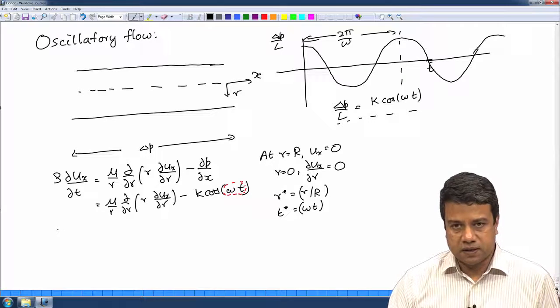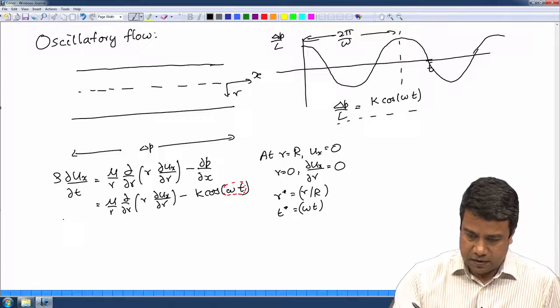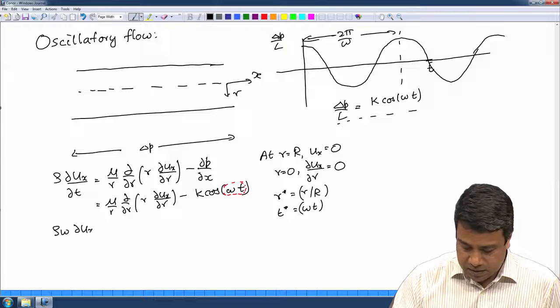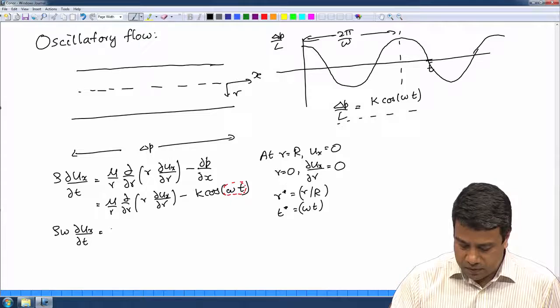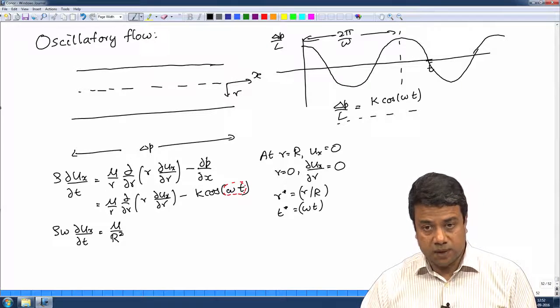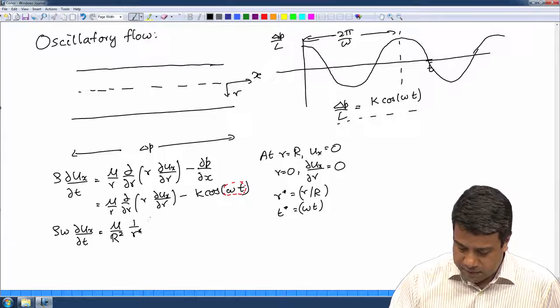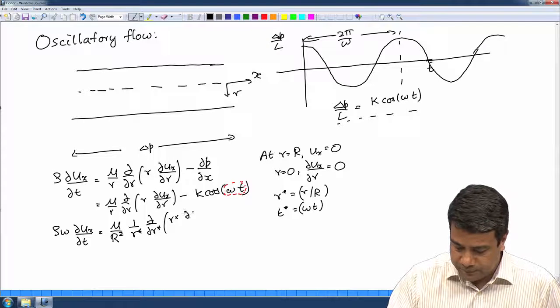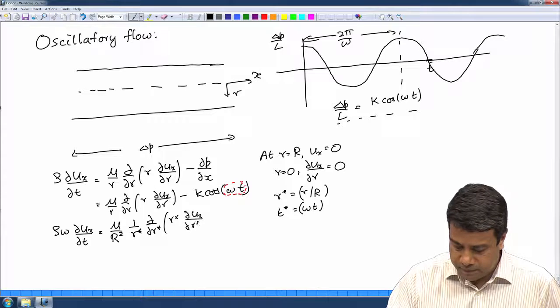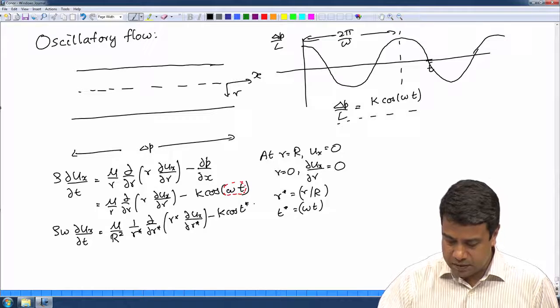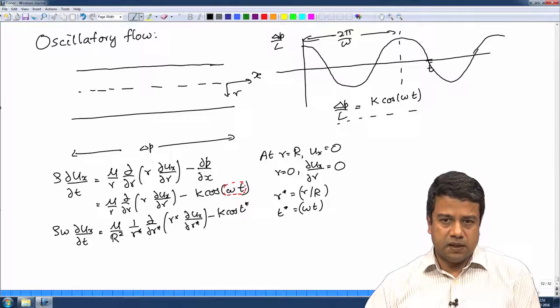So, if I scale omega t as t star, the equation that I will get is rho omega partial u_x by partial t star is equal to mu by R square. I have two derivatives with respect to r in this equation. So, I will get mu by R square, 1 by r star d by dr star of (r star du_x by dr star), minus k cos t star, because omega t was equal to t star.